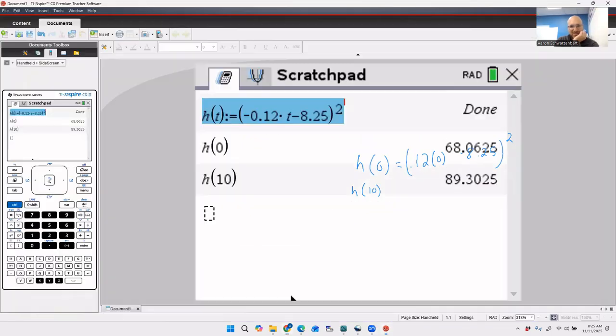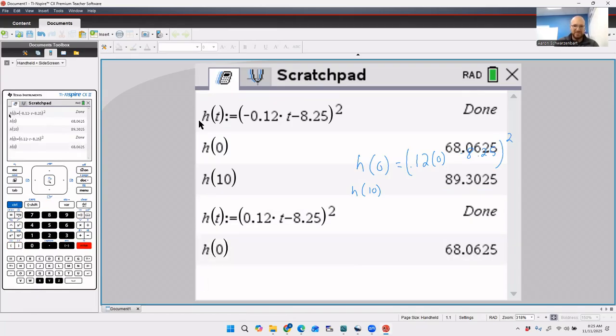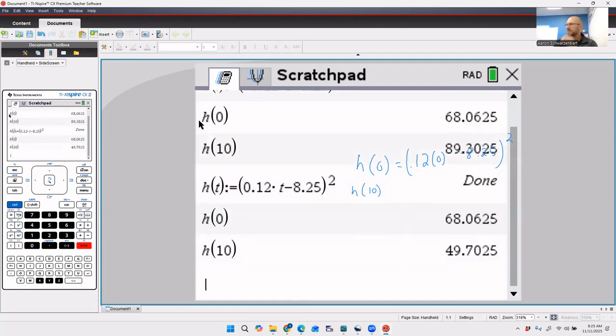It's positive. Well, since I entered it wrong, we're going to do copy and paste. H of 0, I think should be the same. H of 10. Yeah, it's going down.